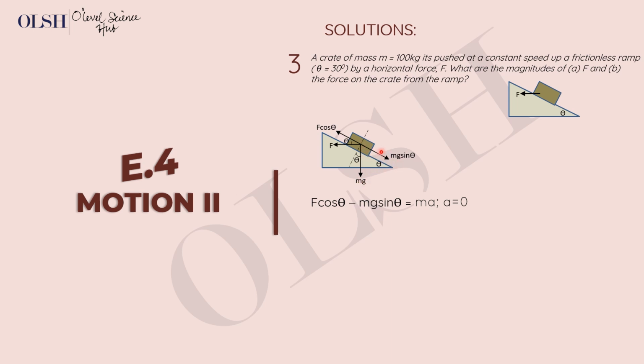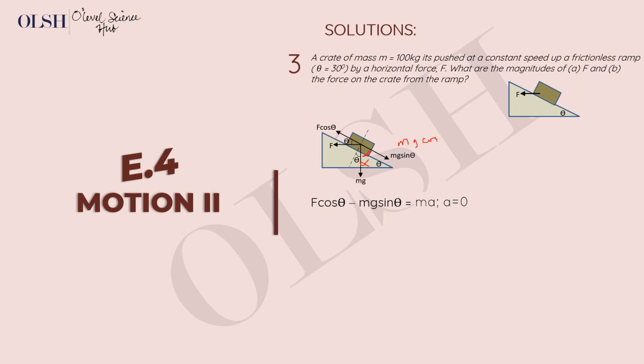So since it's the horizontal effect we're looking for, we can do mg cos alpha, if alpha is the angle mg makes with the x-axis, that's this place. If that is alpha, let's call that alpha.